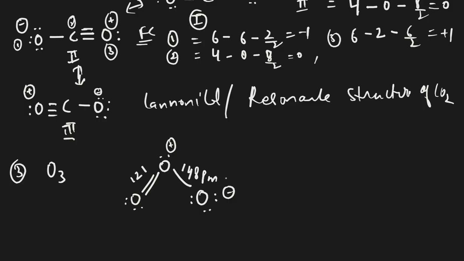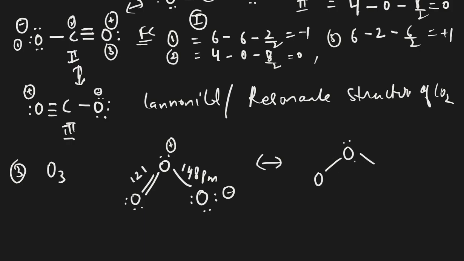But experimentally it was found that none of the bond lengths was 121 or 148. In fact, every bond length was 128, something in between the double bond and the single bond. First, let's draw the canonical structure or the resonance structure for the same.